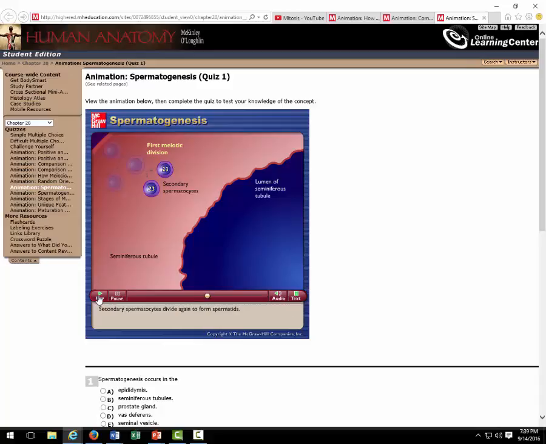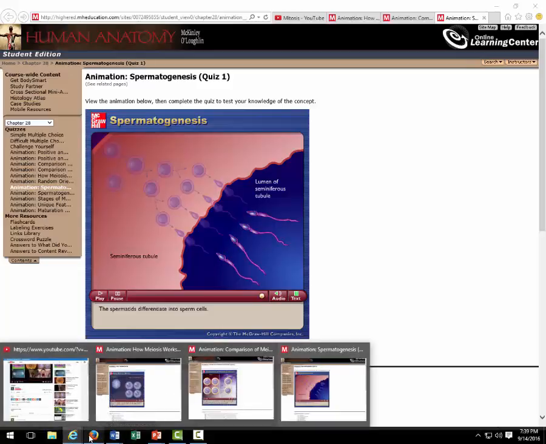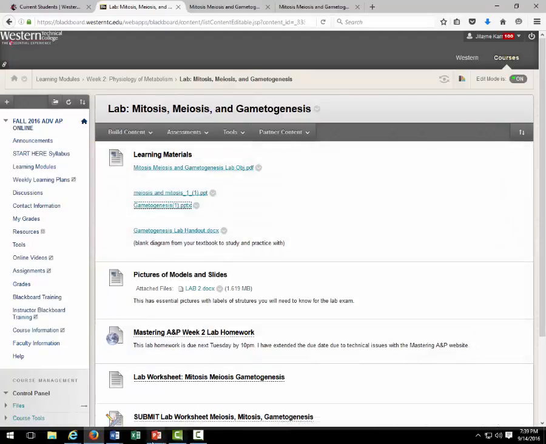Secondary spermatocytes divide again to form spermatids. The spermatids differentiate into sperm cells.